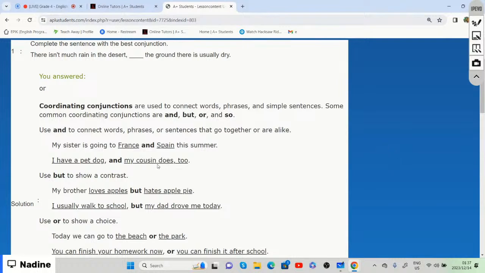So coordinating conjunctions are used to connect words, phrases, or simple sentences. And some common coordinating conjunctions are and, but, or, so.